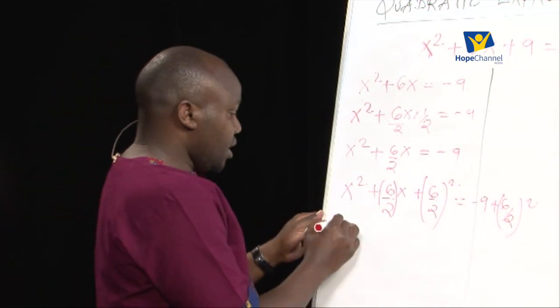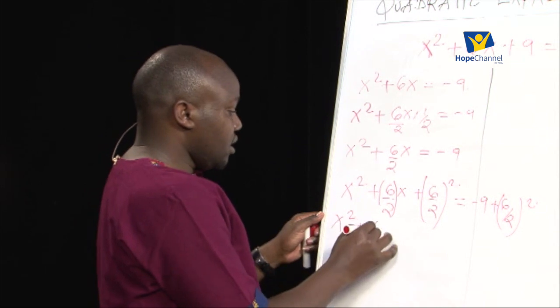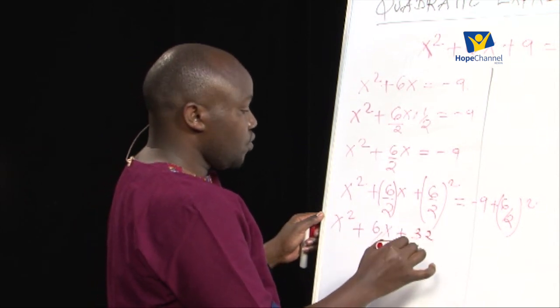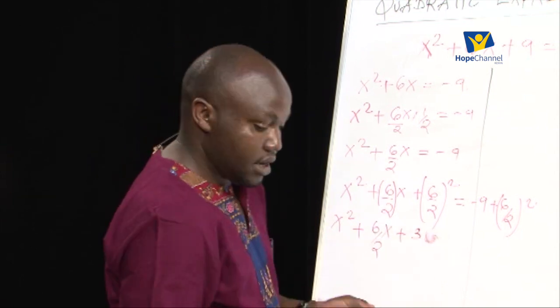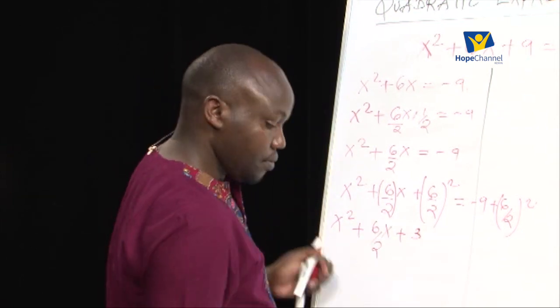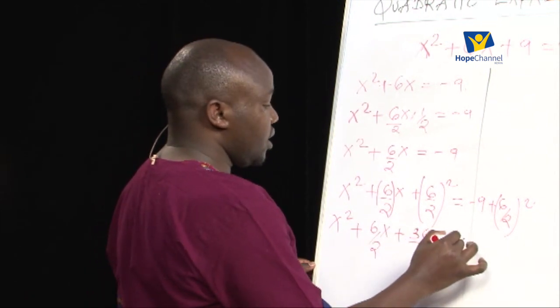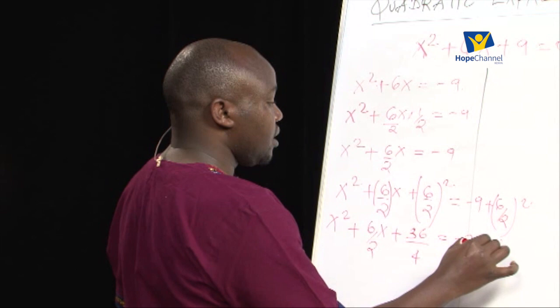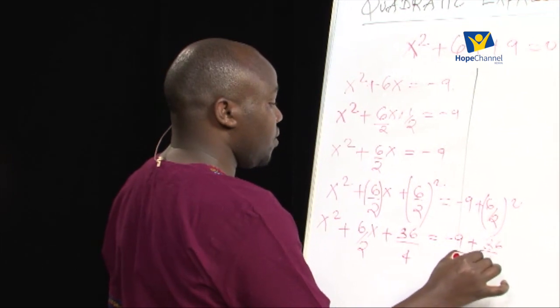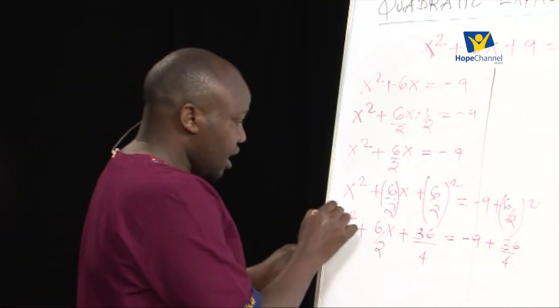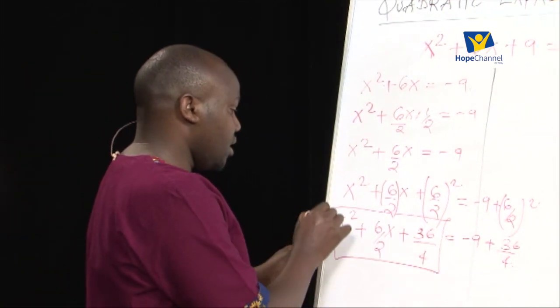Now at this point I'm going to have x squared plus 6 over 2 x plus, 6 squared is 36, not 32, over 4, is equal to negative 9 plus 36 over 4. Correct.